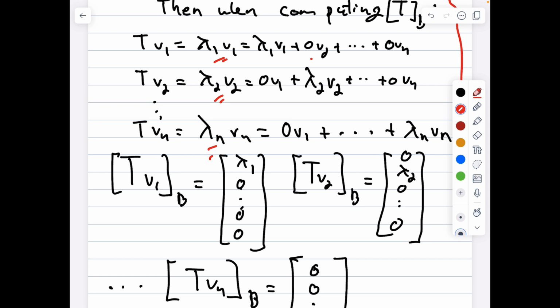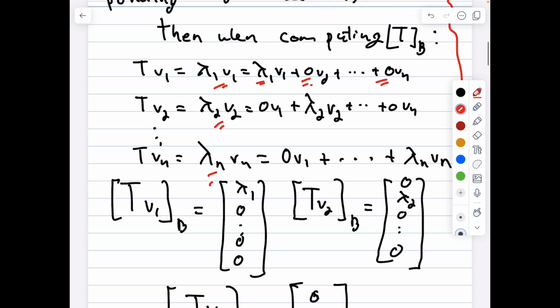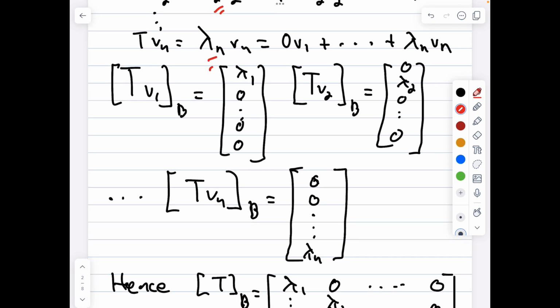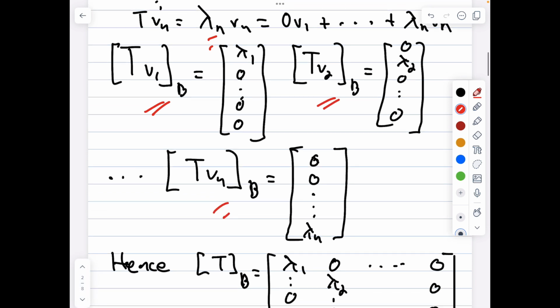The reason I'm doing this is so we can see what each of the coefficients are in front of your vectors. When you're computing T_B, you are looking for the coefficients of each of these vectors that form the linear combination. Each of those coordinate vectors, we call them [T(b1)]_B, [T(b2)]_B, and [T(bn)]_B.